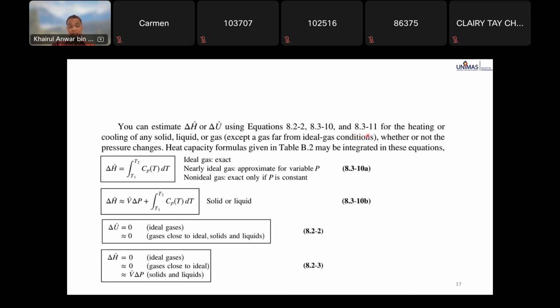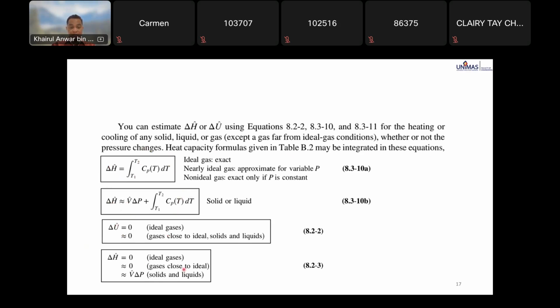For the heating or cooling of any solid, liquid, or gas, whether or not the pressure changes, the heat capacity formula given in Table B2 may be integrated in this equation. So we have delta H from T1 to T2. This is already given. This is for the enthalpy.